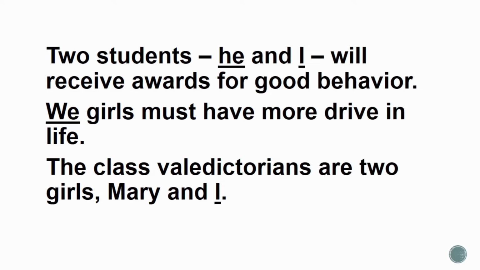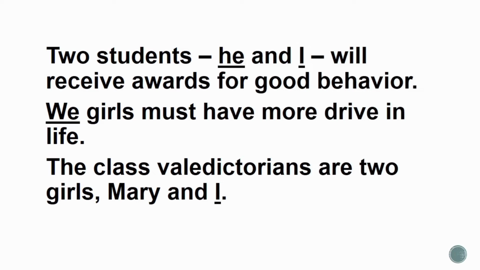And the last example, the class valedictorians are two girls, Mary and I. Our pronoun I is an appositive of the predicate nominative, which is girls. The girls are Mary and I. If, for example, we take out our predicate nominative, which is girls, and we replace that with Mary and I, the class valedictorians are Mary and I. We would, for example, take Mary and I as the predicate nominative, and if we switch that, Mary and I are the class valedictorians.